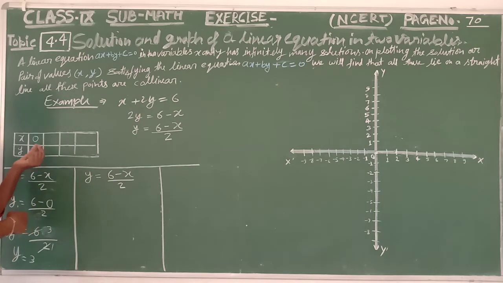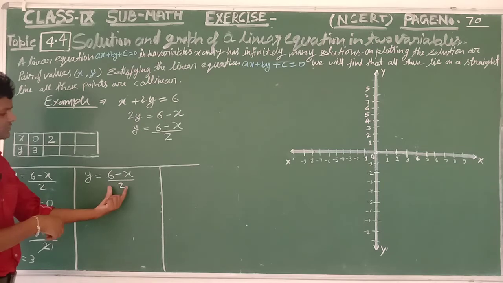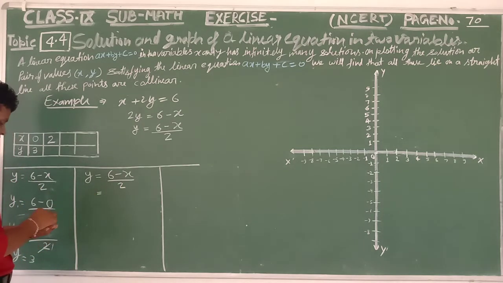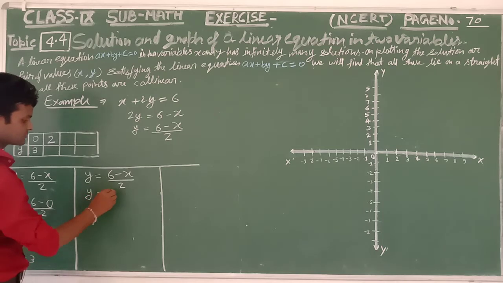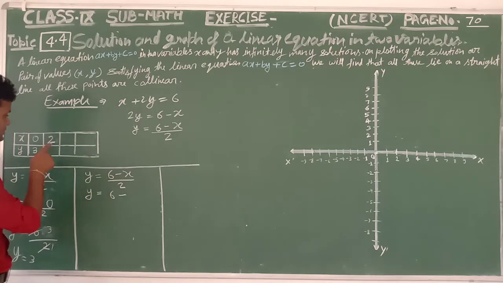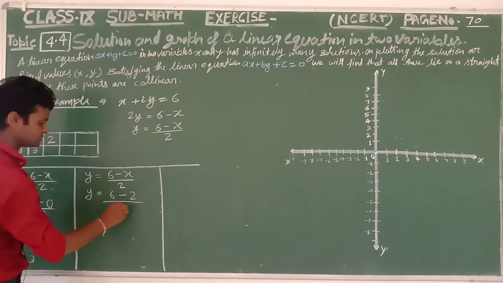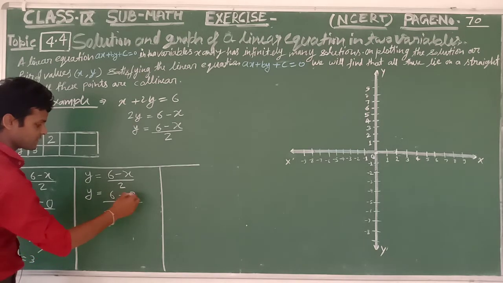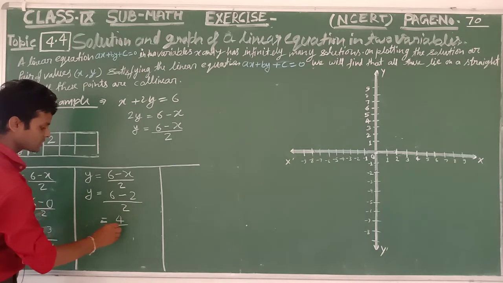I take 2. Put the value of x as 2 in the equation: y is equal to (6 minus 2) upon 2, which is 4 upon 2.